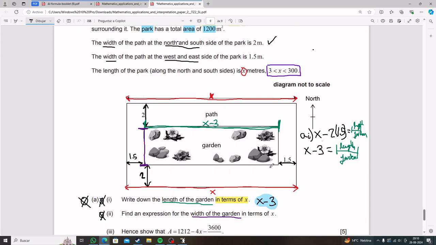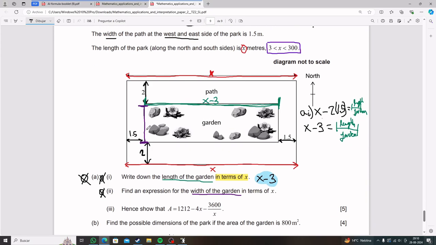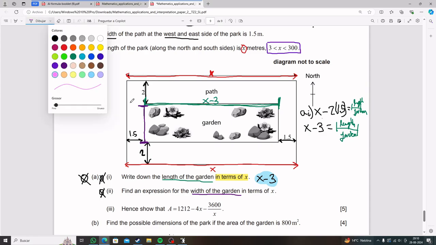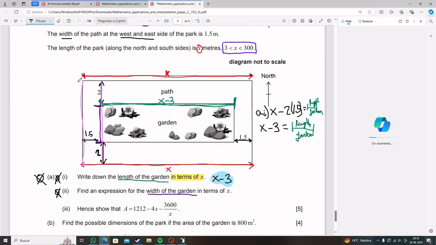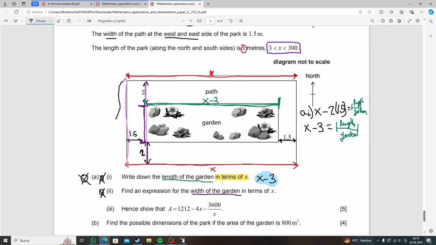You have to go above and beyond. And in this case, think about it this way. This line in purple, if you connect it to something else, what does it turn into? Technically you can connect it like this, boom, which is the same as if I were to draw this line here. And so this line in purple that I put earlier for the width of the garden does have to do with the width of the park.